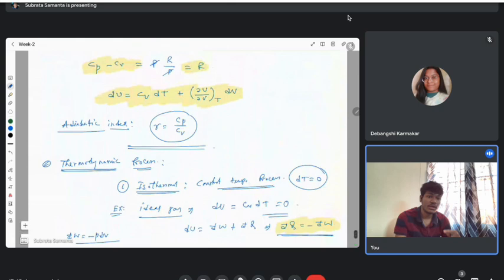So it depends only on the end points. So if a process is cyclic, then you know what the answer is. Now calculate the work done by a gas during a quasi-static isothermal expansion from a volume.